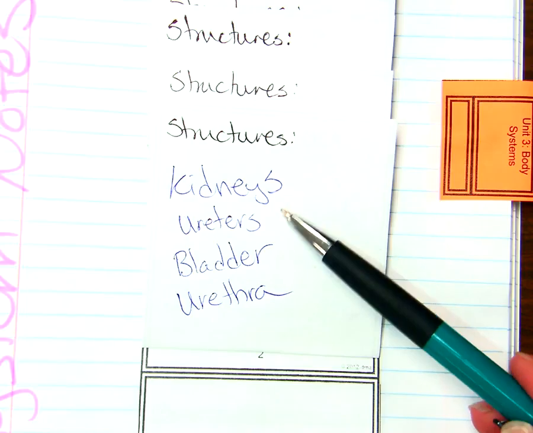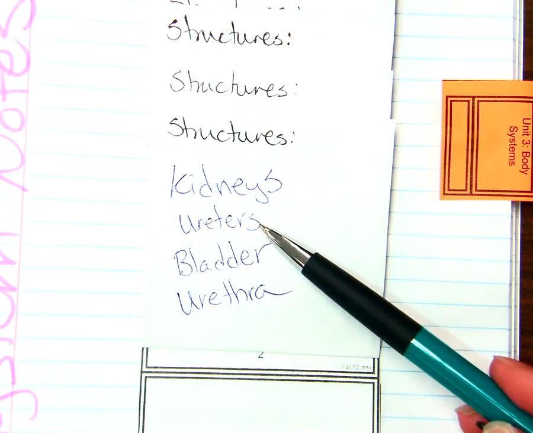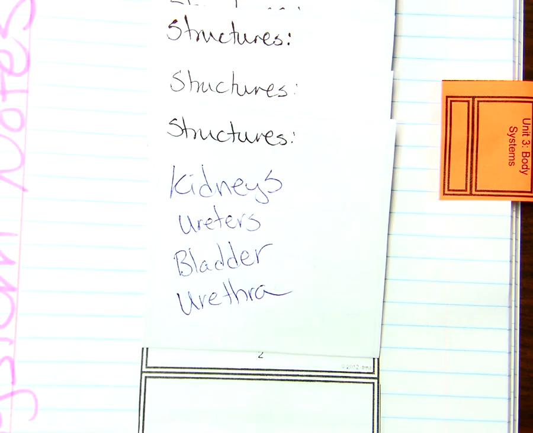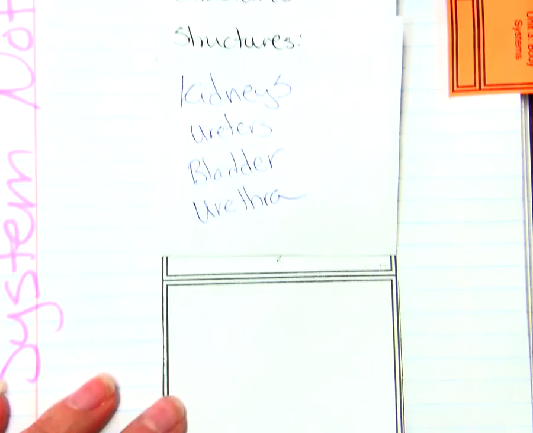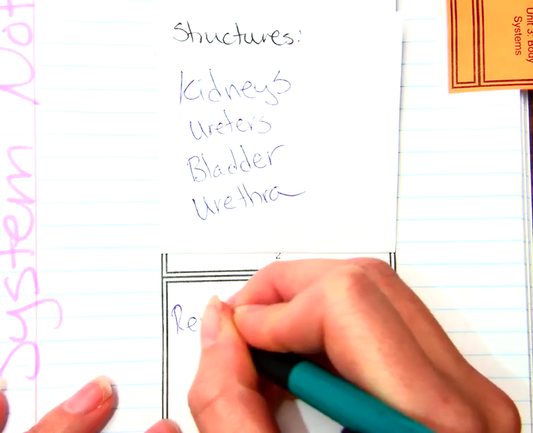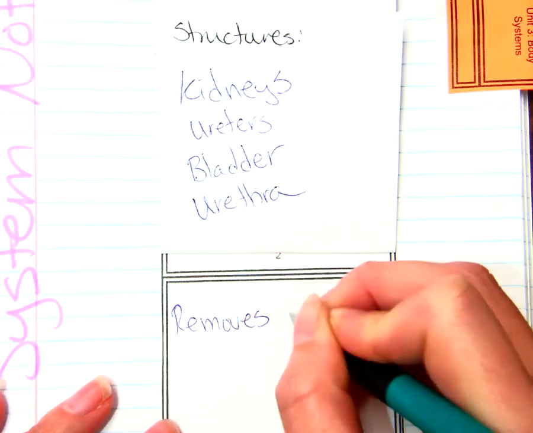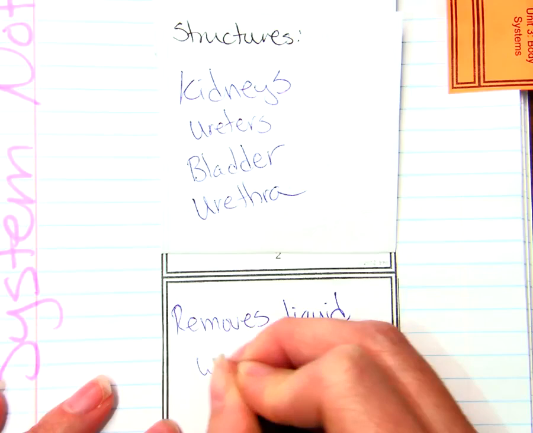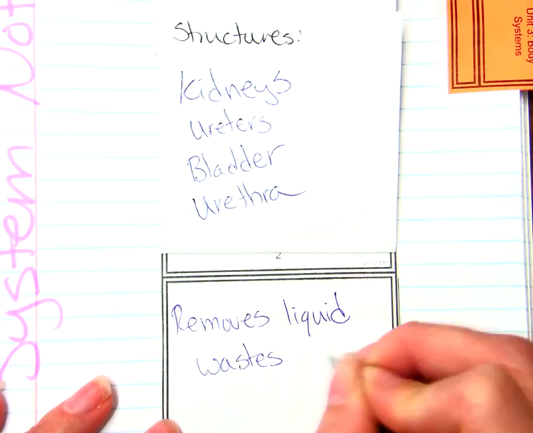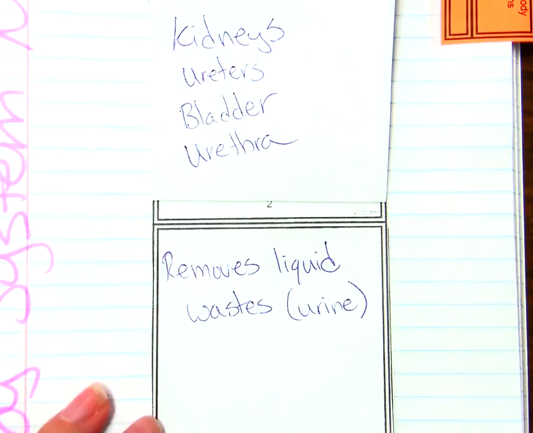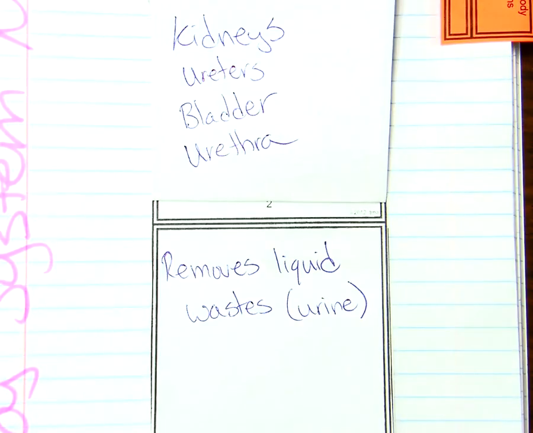Kidneys make your urine, it gets transported through the ureters to your bladder, and it exits your bladder out of your body through your urethra. So your excretory system removes liquid waste. It removes the urine.